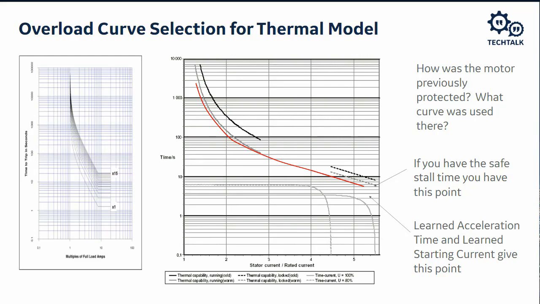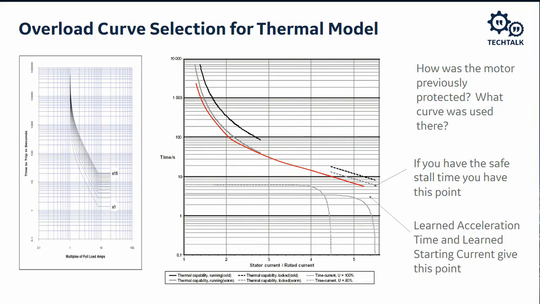Down below that are the rotor hot and cold curves. And in an ideal world, what we would do is place our standard curve just below that cold curve. The reason we place it just below the cold curve is that for the protection of a hot motor, we've got things like the start inhibit, starts per hour, all those different things to protect that, and that's why we put it below the cold curve.